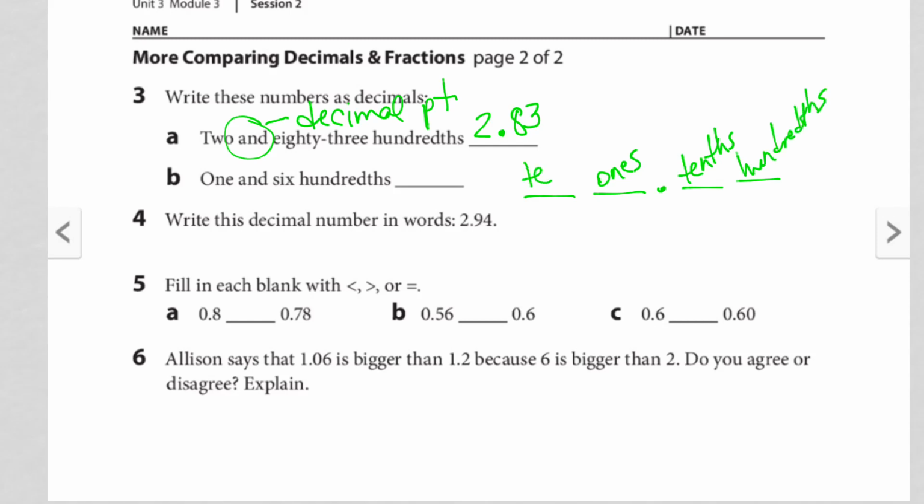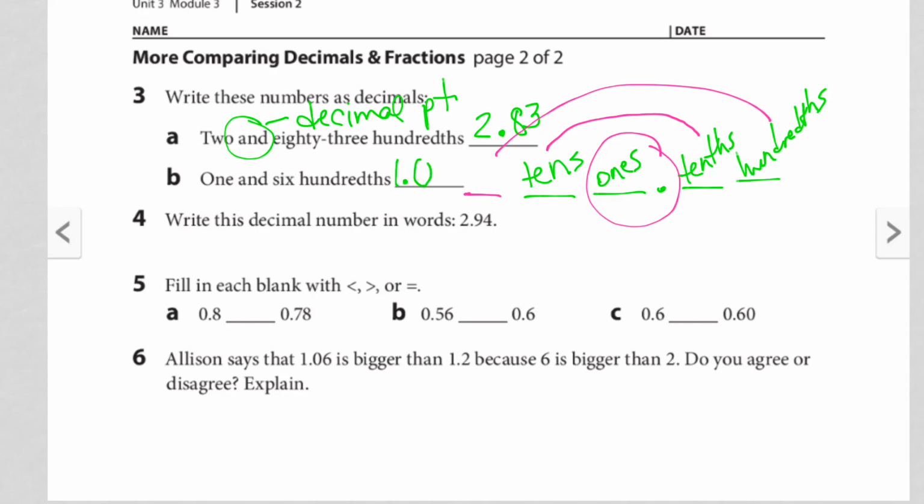Over here we have our tens, and what ends up happening is that we kind of make a rainbow where ones and our decimal point are under the middle of the rainbow, and then tens pairs with tenths, hundreds, even though I didn't draw it, pairs with hundredths, and this rainbow kind of continues in that same fashion. So when it says 1 and 6 hundredths, we're going to go ahead and put our 1, decimal point.